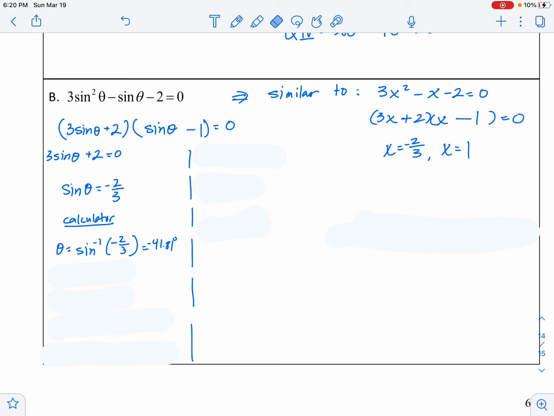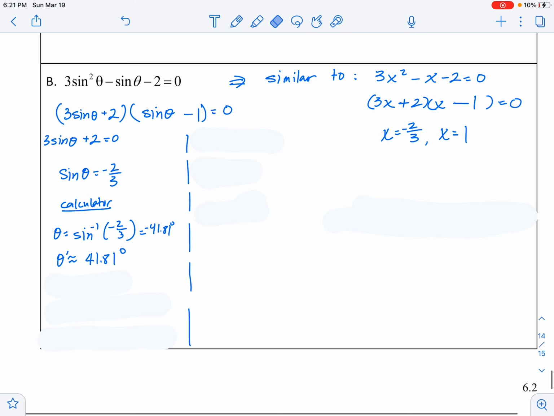So inverse sine of -2/3 is going to be approximately -41.81 degrees. So that is my reference angle. But for my reference angle, I'm going to make sure I use a positive value. And based on the fact that sine is negative, I'll determine where to place this 41.81 degrees for the quadrants.